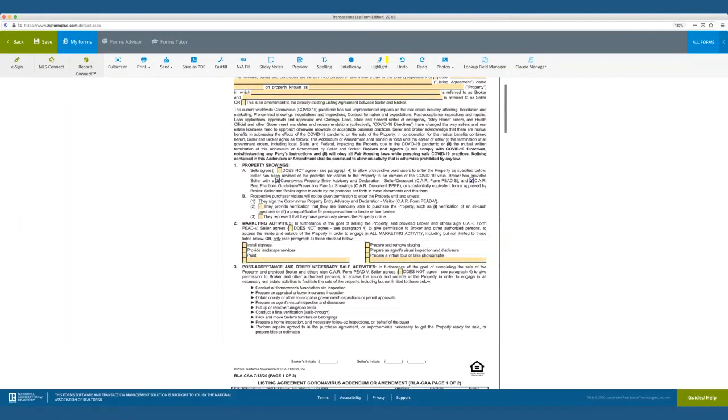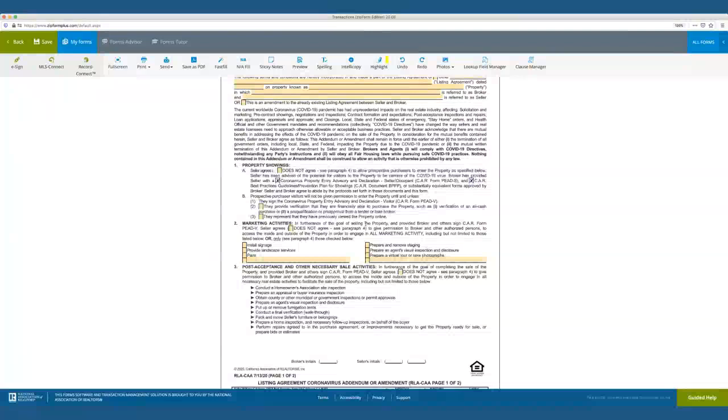If your seller wants them to provide verification that they can financially purchase the property, then they can choose that, or that they can represent that they have previously viewed the property online. That can also be a condition for them coming to the property and looking at it. So those are two options.